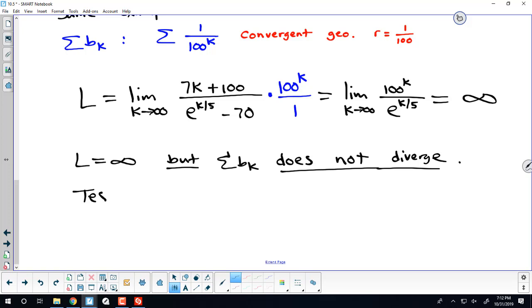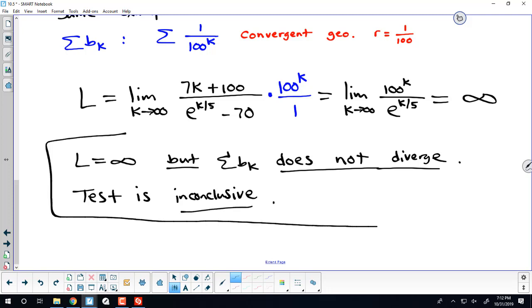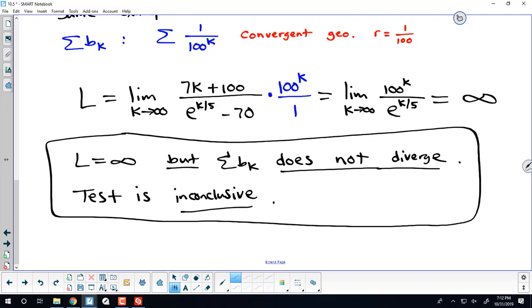The test is inconclusive. So that means either, in this case, choose a different test, or as we've seen, just choose something different to compare to that actually gives you something meaningful.